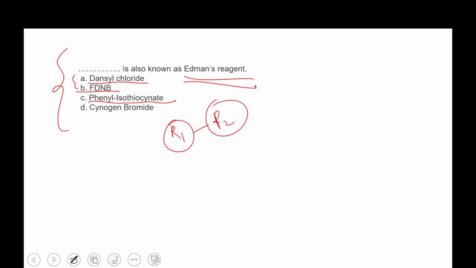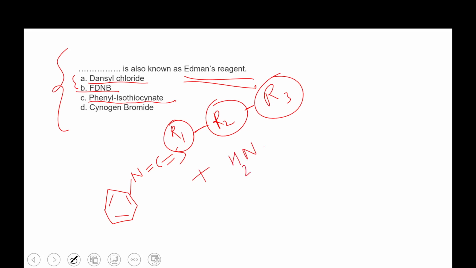amino acids, one polypeptide, second, third, with everything joined together with the peptide bond. So you have this phenyl isothiocyanate, which is a ring structure. So this particular thing will make a bond with the amino terminal of the protein.